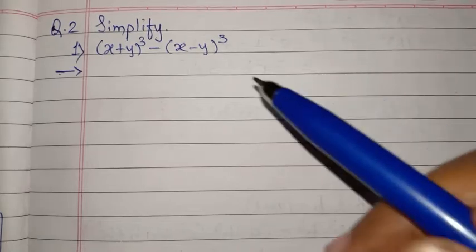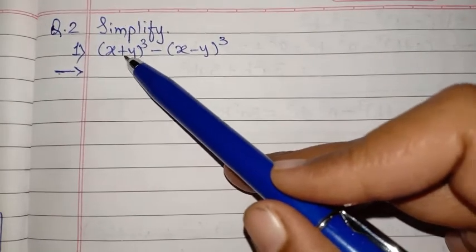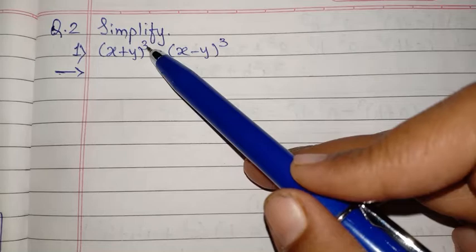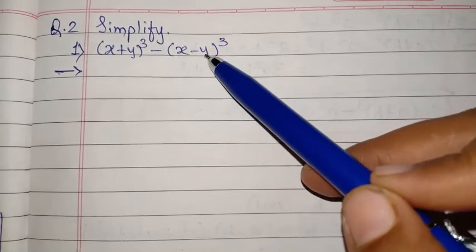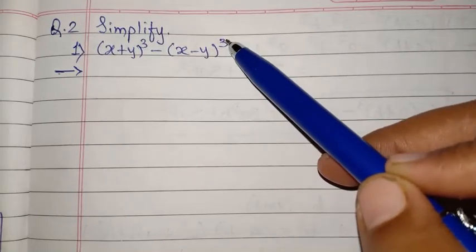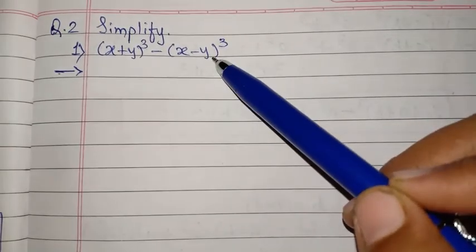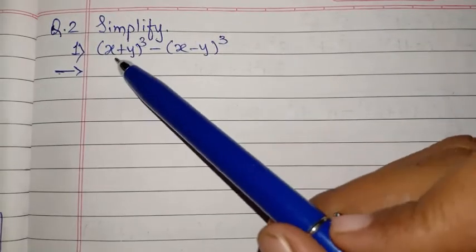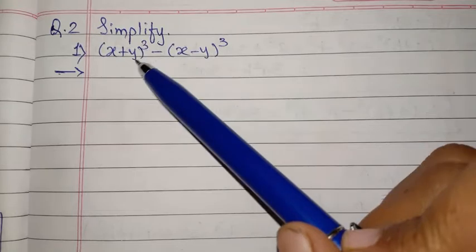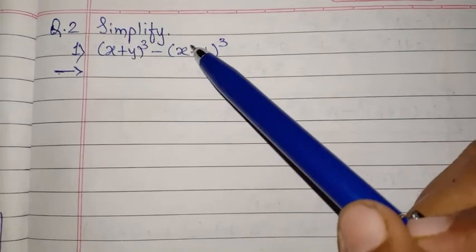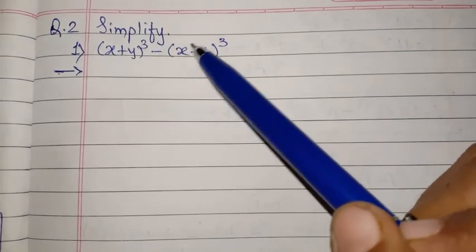Now question number 2 is simplify. In this, two brackets are given, (x plus y) bracket cube minus (x minus y) bracket cube. But if you observe this carefully, you will find out you can consider this whole bracket as a and this whole bracket as b.